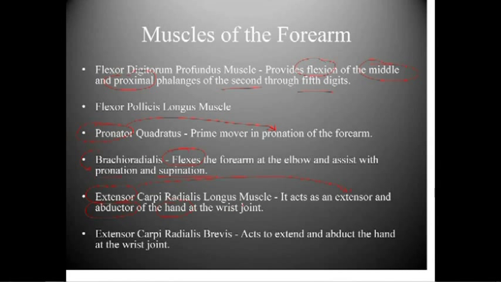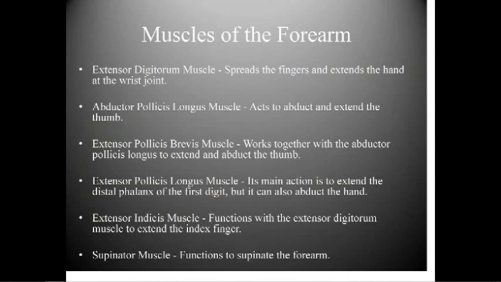So we see that the longus and the brevis are functioning pretty much for the same reason. The extensor digitorum muscle spreads the fingers and extends the hand. So, spreads the fingers, extends the hand.